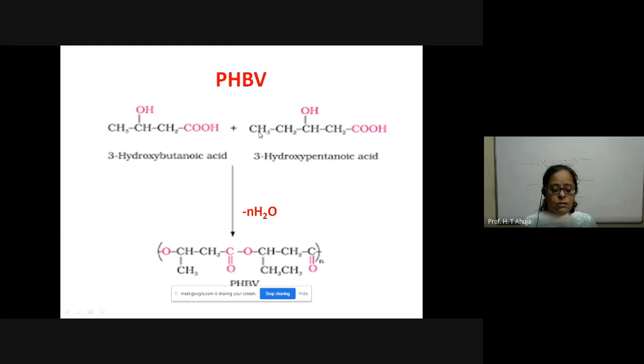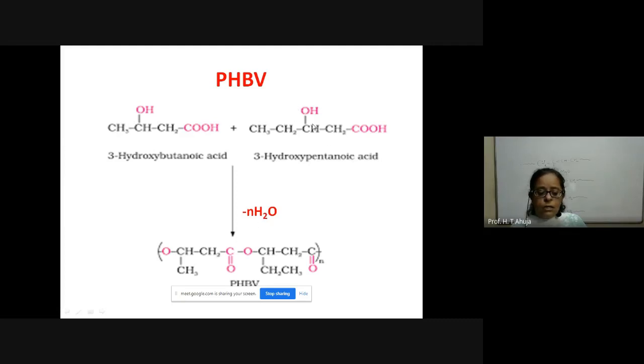Now, when these two are treated together under certain conditions of temperature and pressure, n number of both the monomers are taken, and they undergo a condensation reaction where n number of water molecules are liberated.